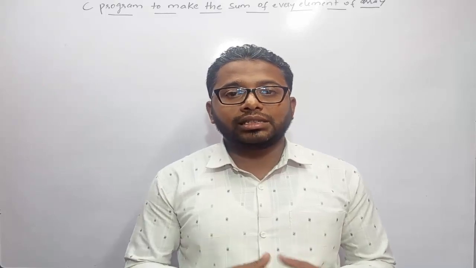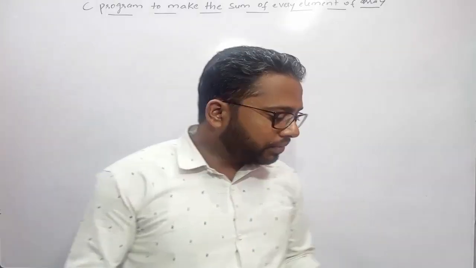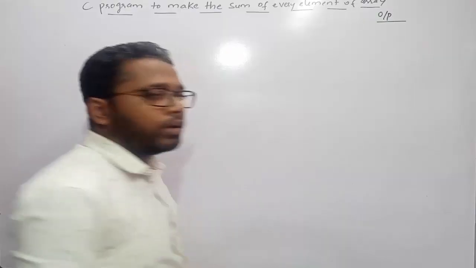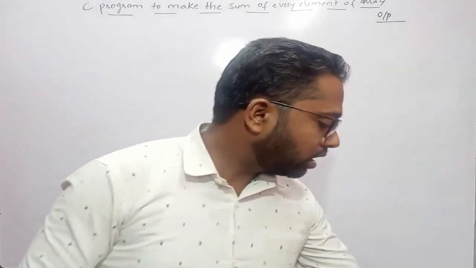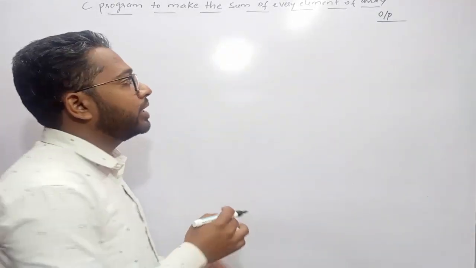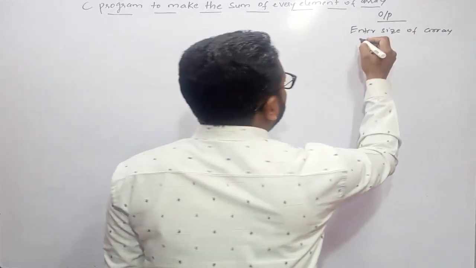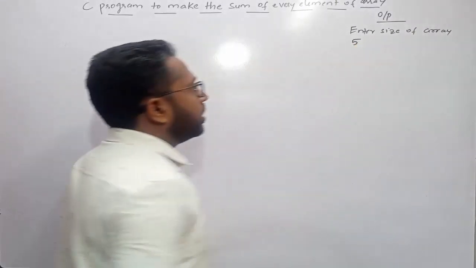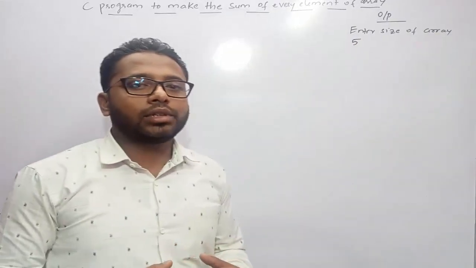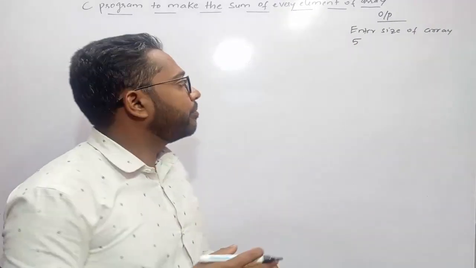Now let us start discussing this program. Let me first write the output of this program. When this program gets executed, it will ask the user to enter the size of the array. Let us suppose the user enters 5. That means 5 items I want to store inside the array.